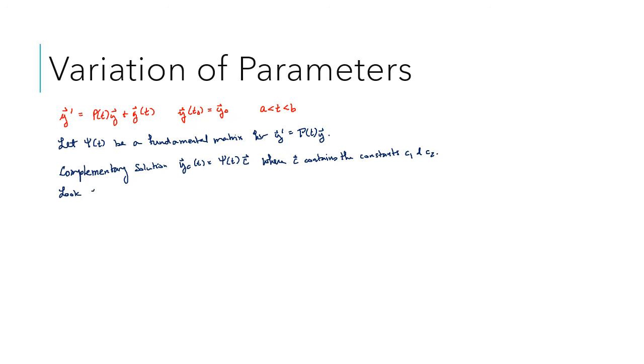So I'm going to look for a solution with a particular format: y of t is equal to psi of t multiplied by u of t. So what we're going to do is take this solution and substitute it into our system of differential equations.